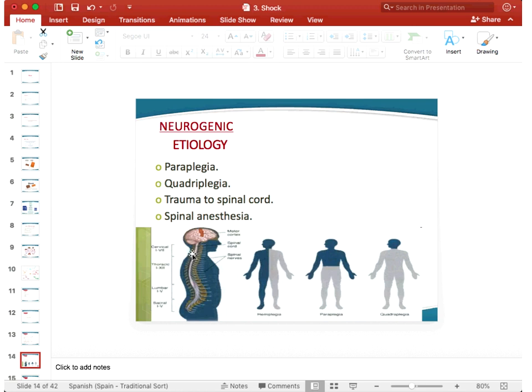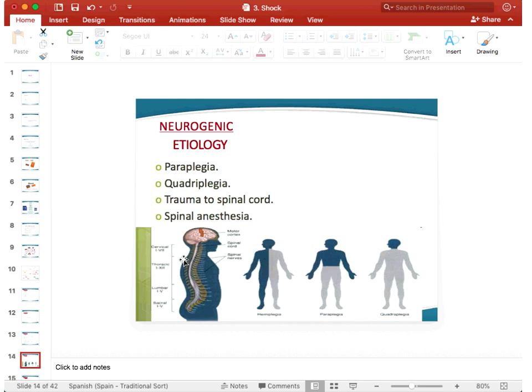Can you remember the thoracic segment of the spine? The thoracic and the lumbar segments of the spine have all the sympathetic information. So if the spine gets transected, then all of the sympathetic information is lost.